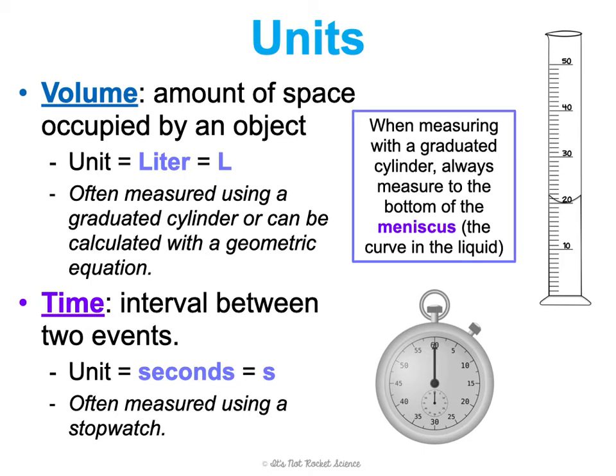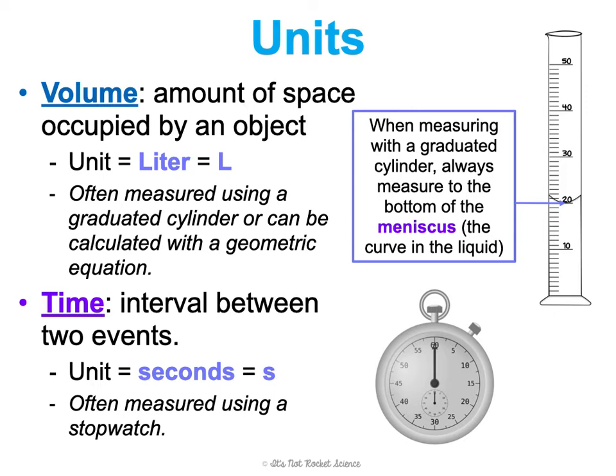Now, it's very important that you realize when you are measuring volume, do you guys see this little dip right here in the graduated cylinder? This little dip right here is called the meniscus, okay? The meniscus is going to be the curve in the liquid, and that's actually what you are going to measure liquids with.